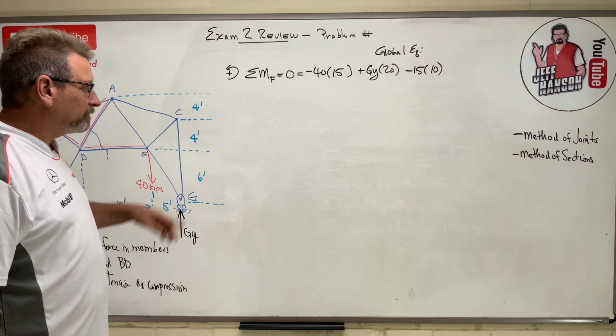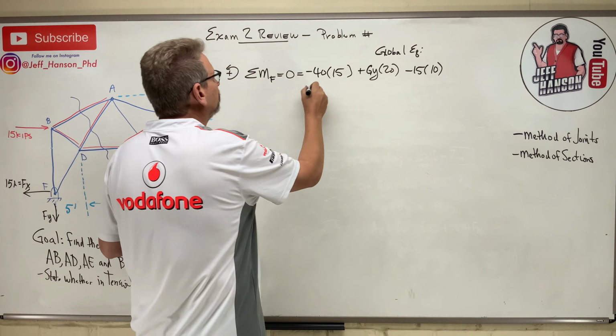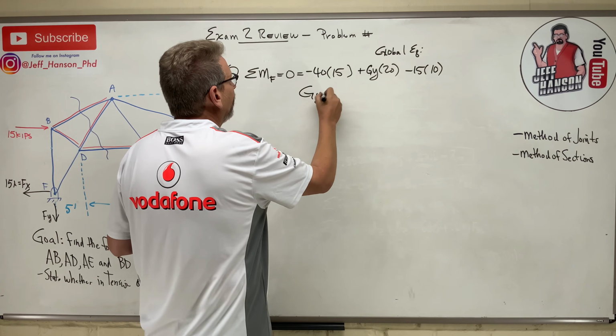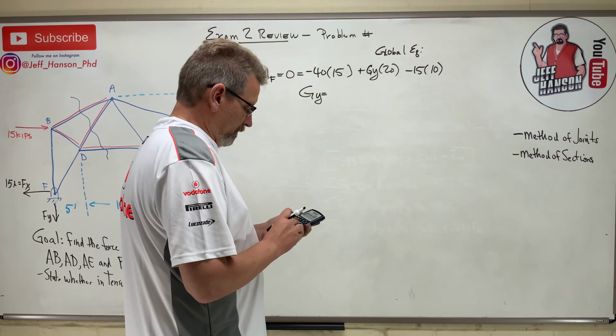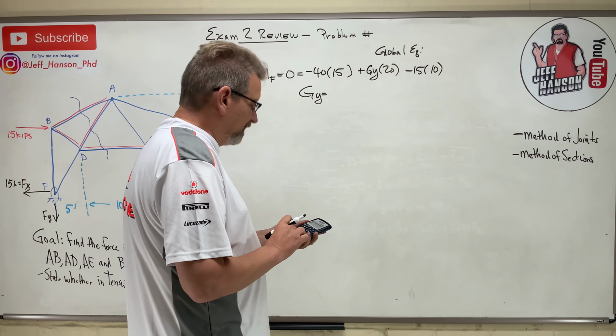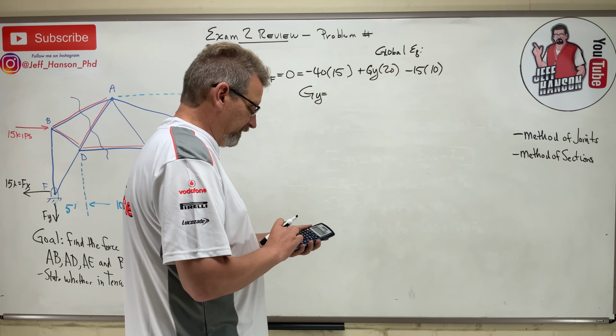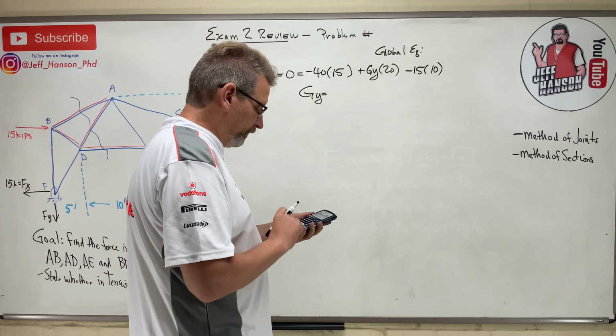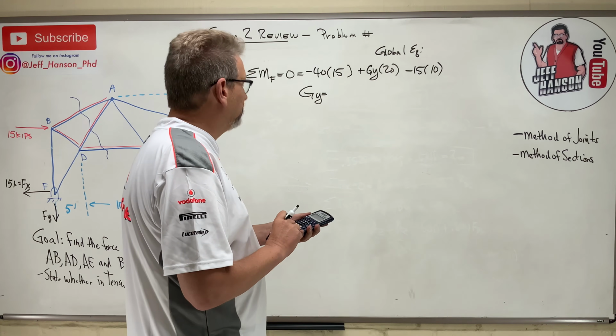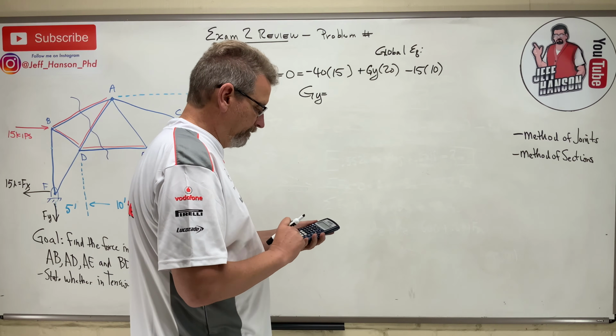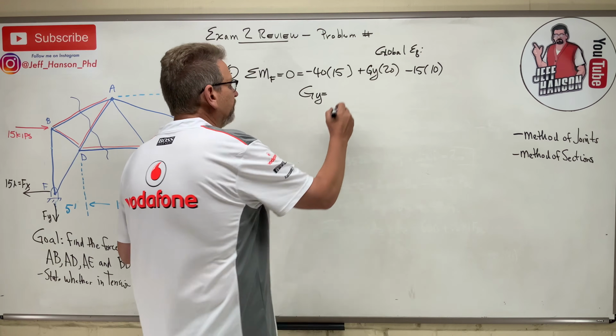All right, let's see what GY equals. So it's 150 plus 40 times 15 equals 750, and then divide that by 20. So GY is 37.5.